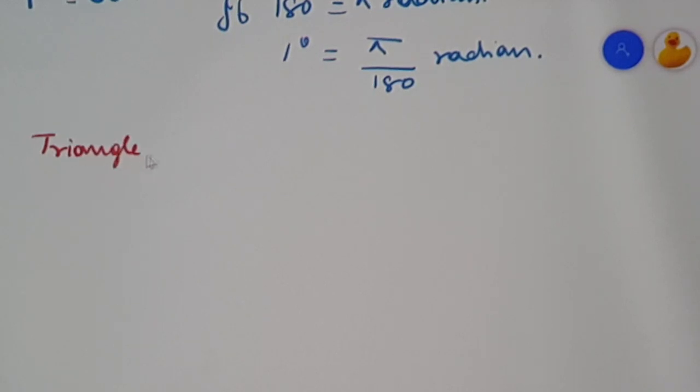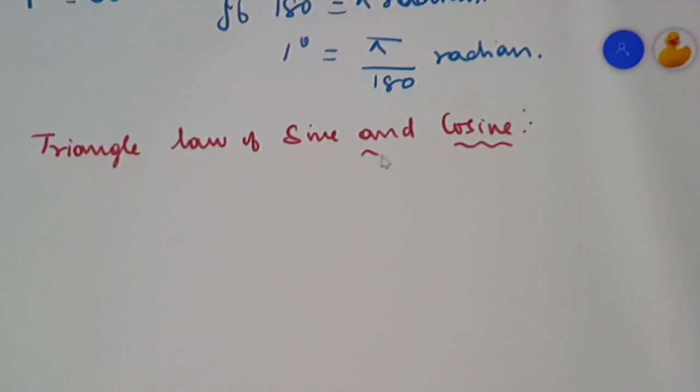I am going to take the triangle law of sine and cosine, which should be studied. In order to study the triangle law of sine and cosine, I am considering a triangle. So let us take it like this.